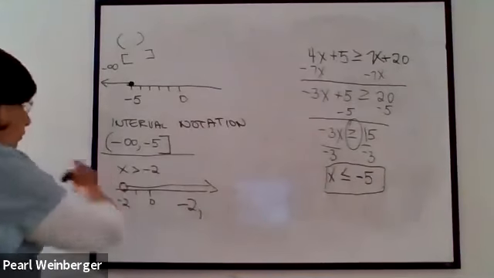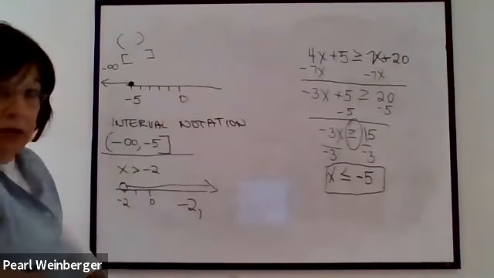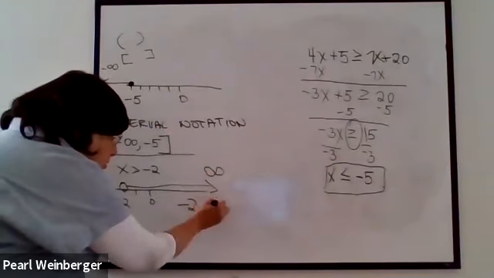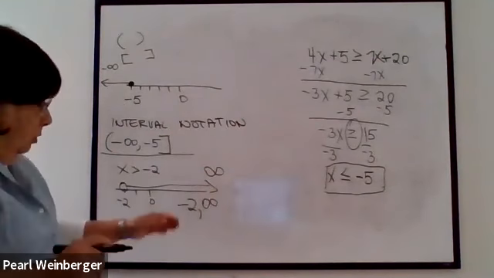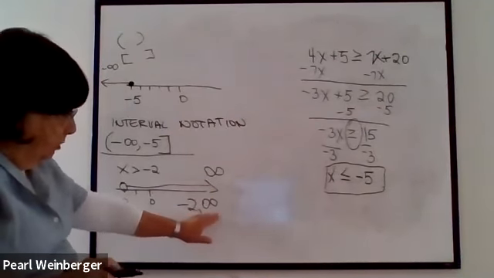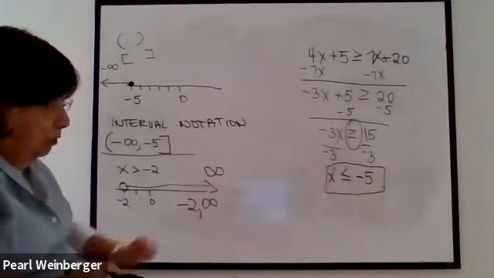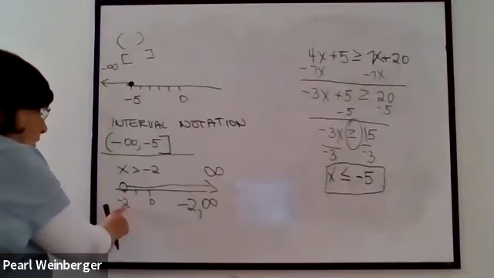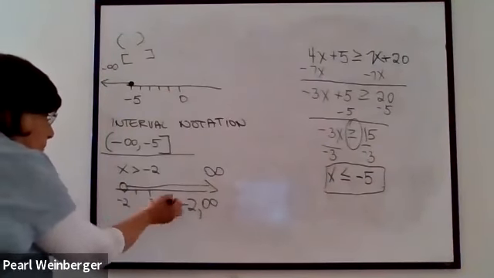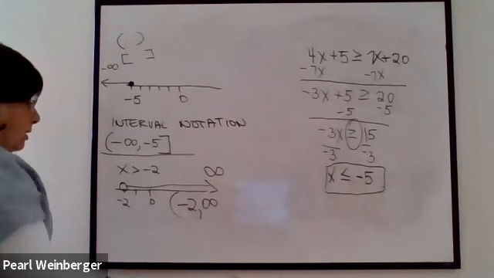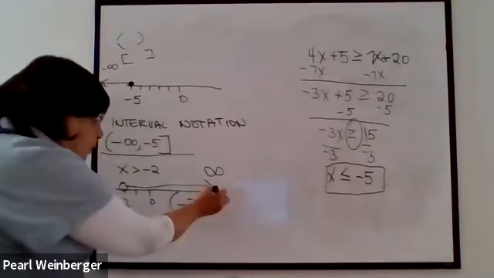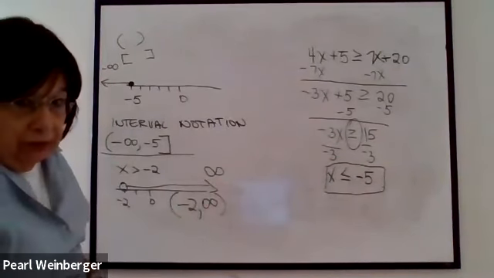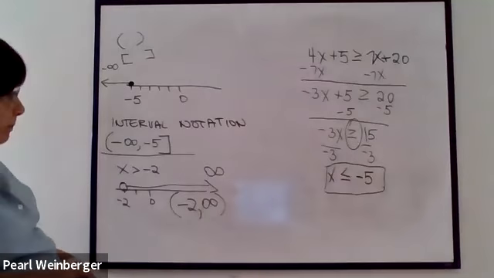The end of the interval is going all the way to infinity. So here's my starting number, here's my ending number, with a comma in between. Since -2 is not included, because it's an open circle, we use a parenthesis at -2. And we use a parenthesis at infinity because we always use a parenthesis at infinity.